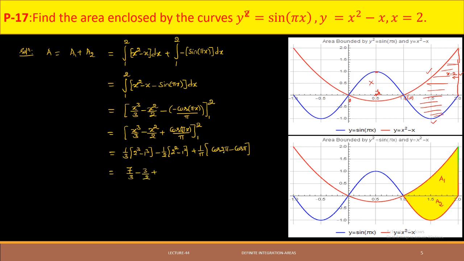Plus 1 by pi into cos 2 pi, whose value is 1, and cos pi is minus 1. So this becomes 2 by pi. Now let me simplify this fraction with denominator 6. So this is 14 minus 9, plus 2 by pi, that is equal to 5 by 6 plus 2 by pi. So the required area is equal to 5 by 6 plus 2 by pi square units.